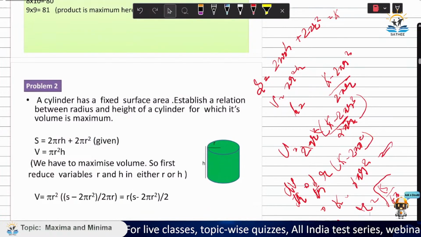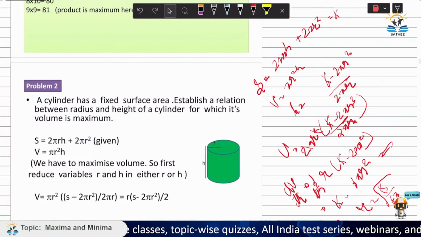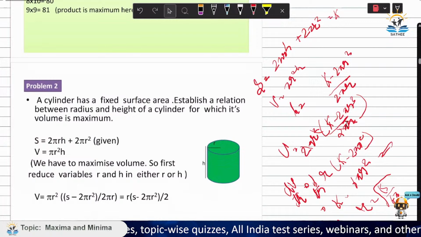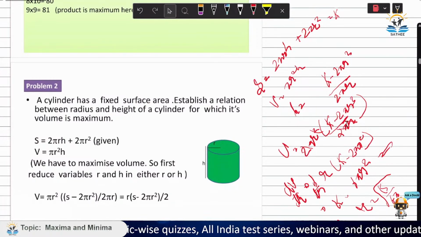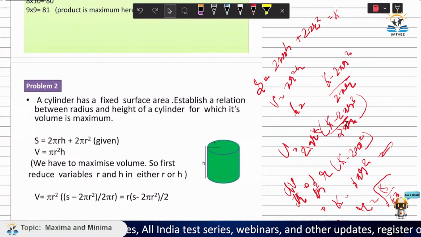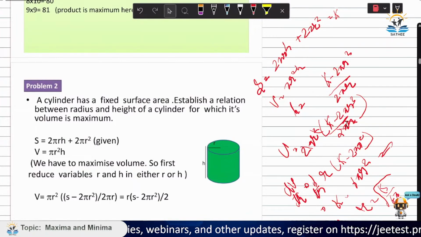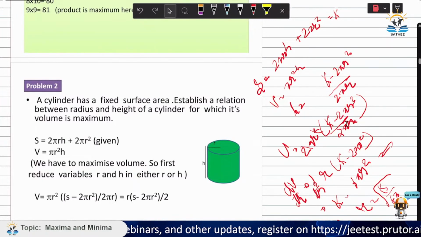So what is the volume of a cylinder? Pi r square H. And if we have to maximize the volume, we'll have to differentiate it with respect to a single variable. So we calculated H in terms of R and put the value of H in the volume formula. We did the calculation.